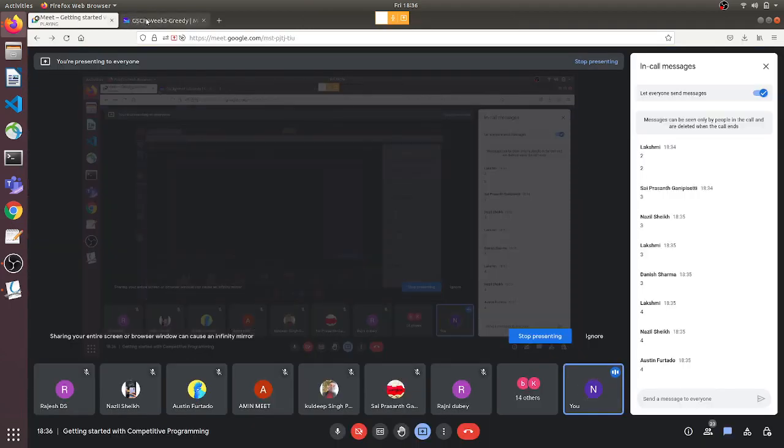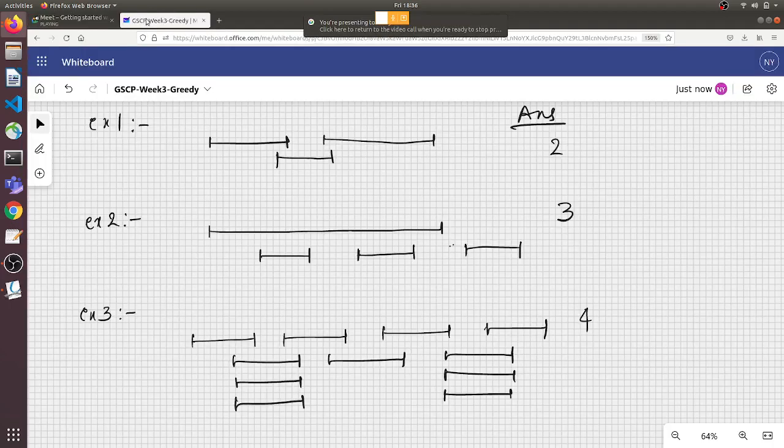Okay, great. I assume that everyone else has understood this. So now I will just take the intervals that are giving us the answers here. So these are the answers, right? These intervals will be taken. This will be part of our answer. Okay, so now I want you all again to tell me, how will you solve this now?